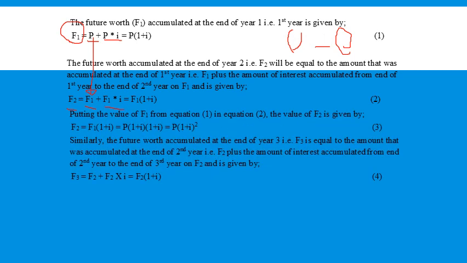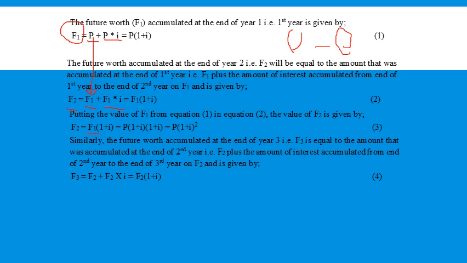Putting the value of F1 from equation 1 in equation 2, the value of F2 is given by F2 is equal to F1 into 1 plus i, which is nothing but P into 1 plus i into 1 plus i. How did we get that?